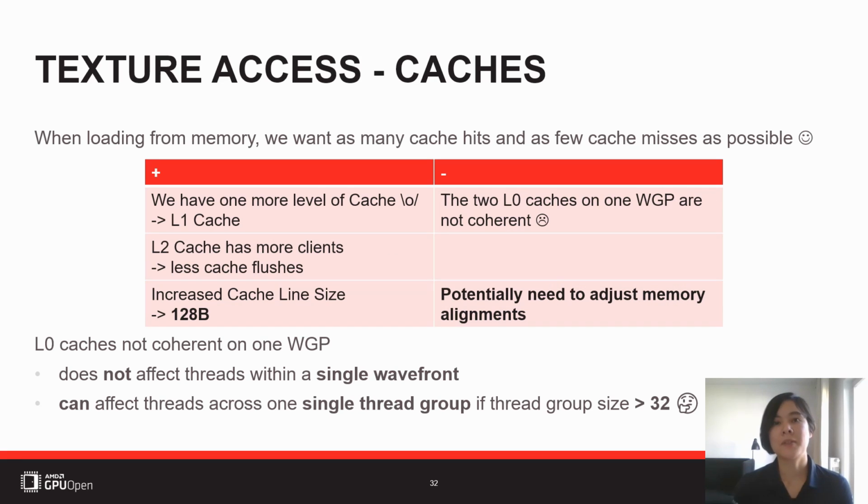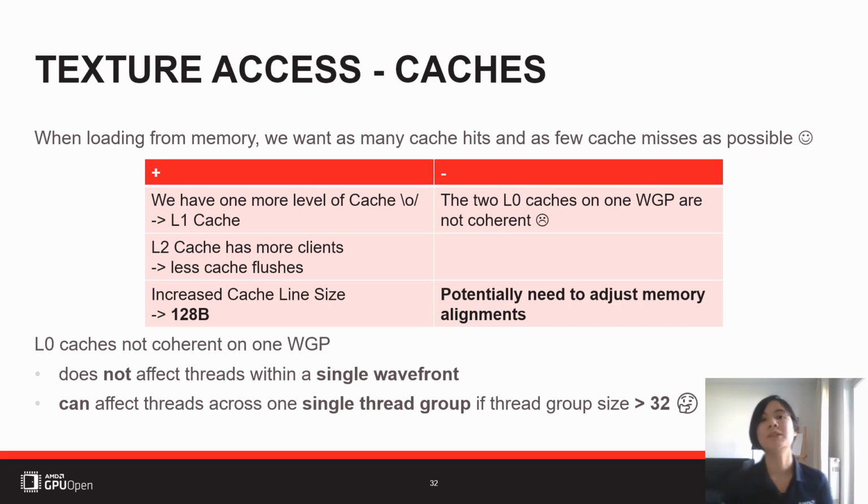Another nice thing to know is that the L2 cache now has more clients. This means that you should observe fewer cache flushes. In particular, I'm talking here about the copy engine. The copy engine is now a client of level 2. Before it was not. Then the cache line size is increased to 128 bytes.